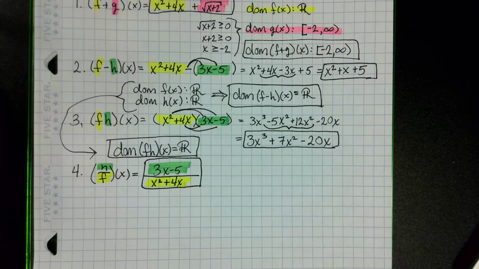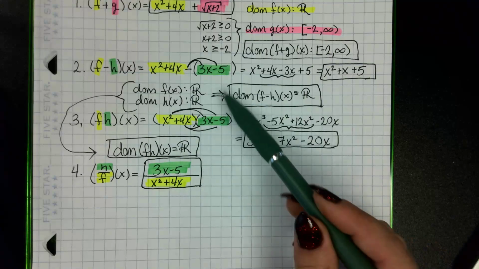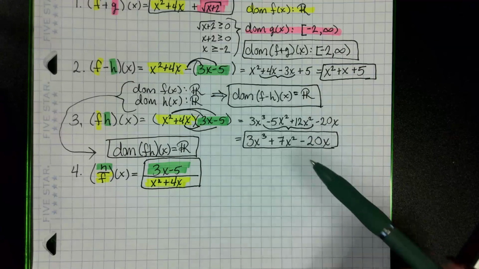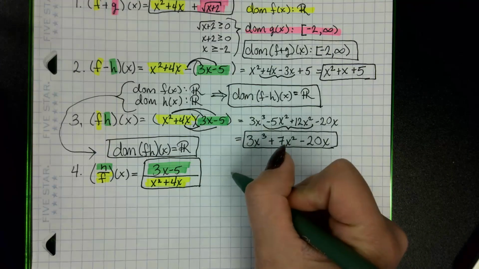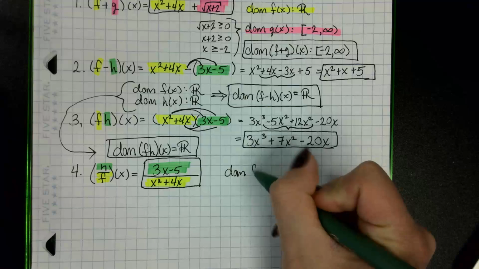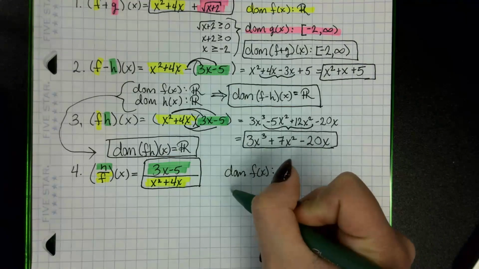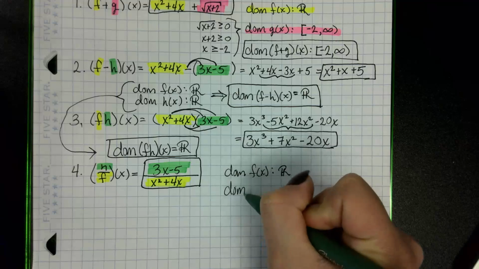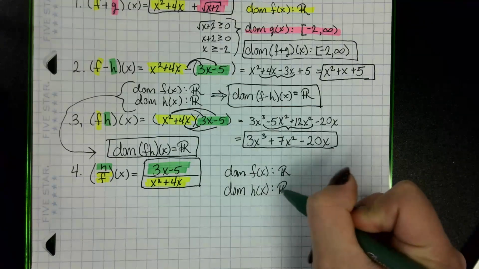But we do still need to find the domain. Even though these are the same functions we just did in the previous two examples, we know that the domain of f of x is still all real numbers, and the domain of h of x is all real numbers.